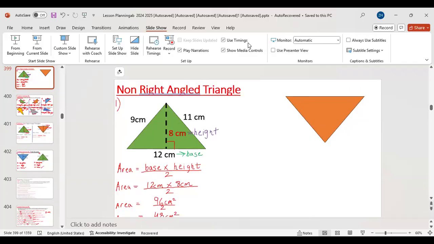So let's say that this side here is 13. So we put 13 over here. So 13 is this side, okay?